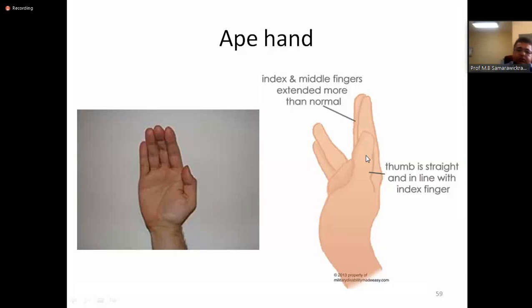And another thing, the flexors are also paralyzed. The flexor digitorum profundus is intact for these two fingers, so they can flex, but these two fingers cannot flex due to paralysis of flexor digitorum profundus as well as flexor digitorum superficialis. Right, so they are kept a little extended.